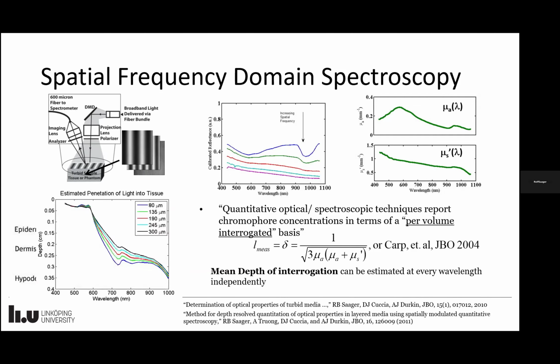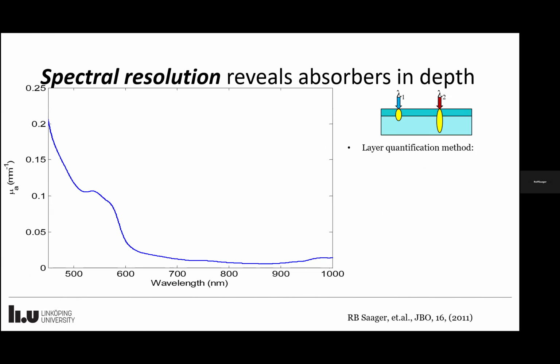So again, we can look through our measurement and say, all right, these are the spectral responses we get at each wavelength, but this is the depth from which it comes from. So we know where all the data is coming from, or at least estimate that. And looking at things like skin pigmentation, we had this layered model approach where this is just the example of the absorption spectra that we would have from a subject itself.